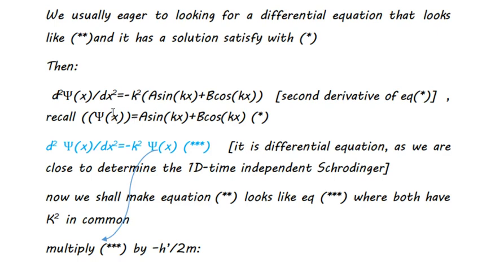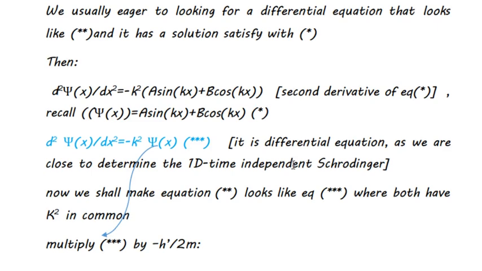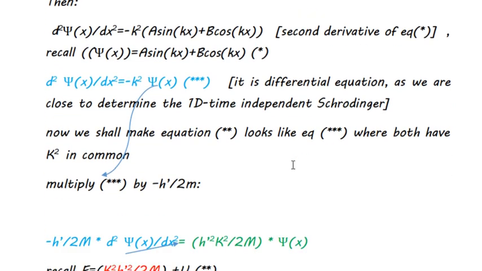So this is the wave function value generated also in the second derivative of the first equation. So it is a differential equation, as we are close to determining the one dimension time independent equation. We are getting closer now to solving it by finding the time independent Schrodinger equation. Now we shall make equation 2.